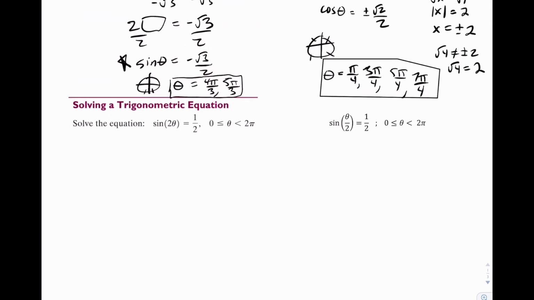Now if you look at this one, notice how it's still theta from 0 to 2 pi, which means we're considering 0 to 360. However, there's something really interesting here. There's a 2 theta, so that actually makes it a little more complicated. What that tells you is it's going to speed up the function, meaning the function is going to go faster. So think of that as basically saying twice around the circle.